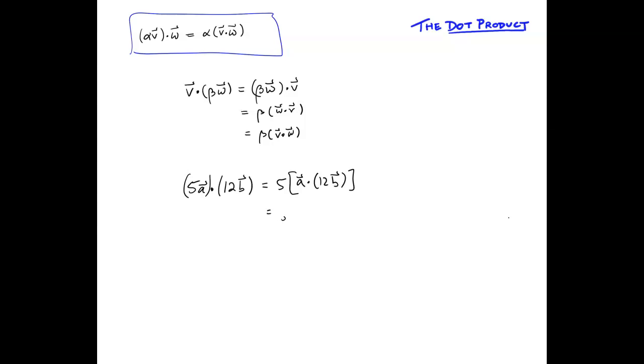Then I could pull that 12 out and say that's 5 times 12 a dot b, and that's going to be 60 a dot b. Of course, in practice, you wouldn't write all of these details out, but I'm just showing you that you can do it. In general, when we see something like 3a dot minus 2b, we will just write minus 6 a dot b and be done with it.